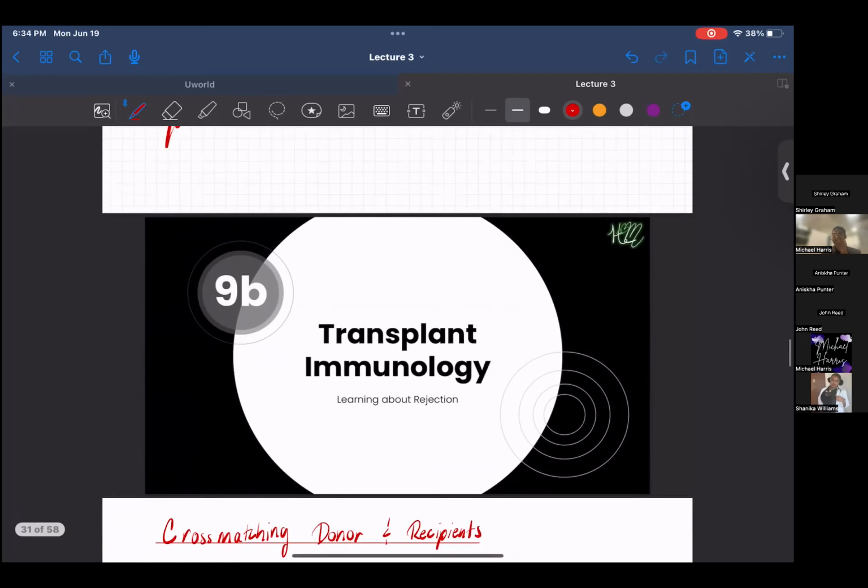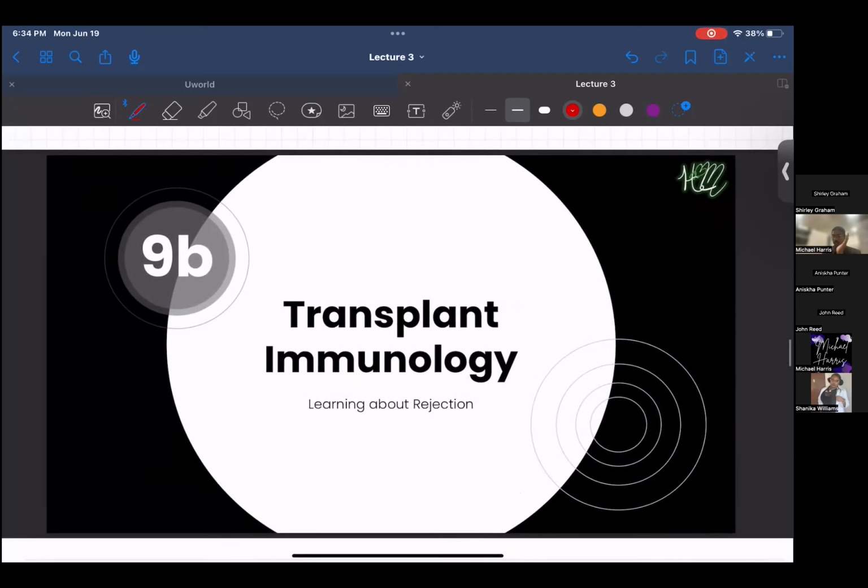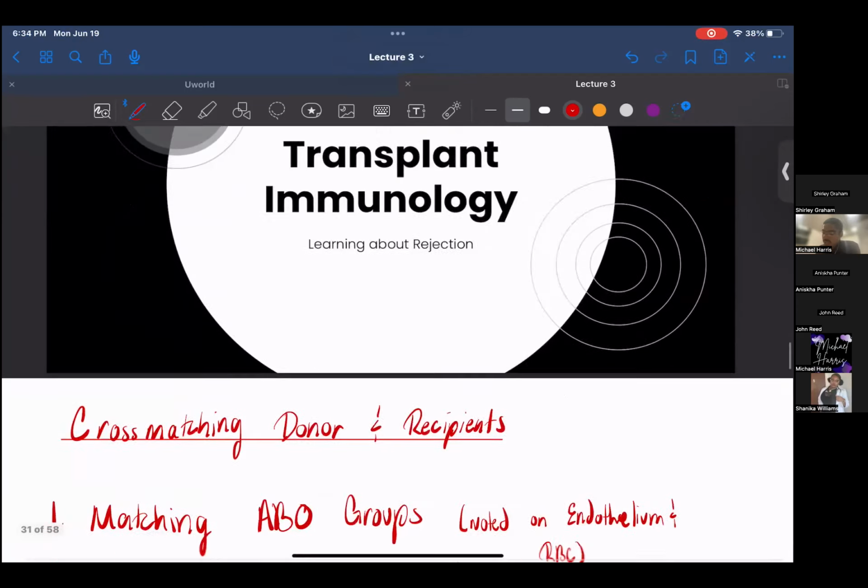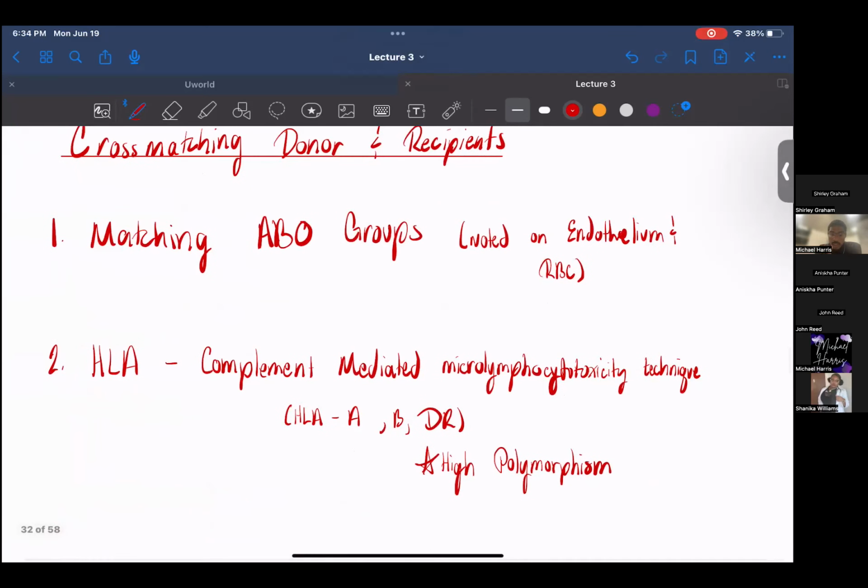All right. Now, transplant. Let's talk a little bit about this. Transplant is not as bad because we're just building up now. So with transplant immunology, you essentially have to do two things. One, you need to see the blood groups. Do the blood groups match? This is because blood groups are not just noted on RBCs. Blood groups are also noted on the endothelium because you got to think like this.